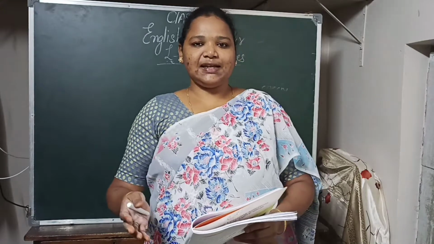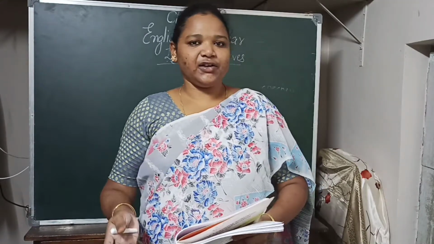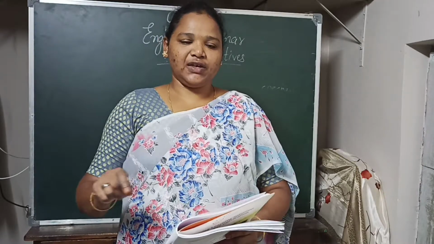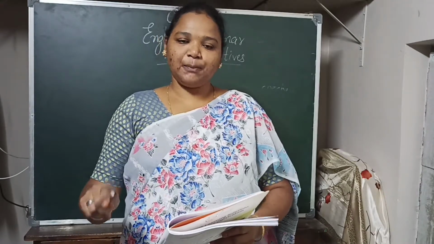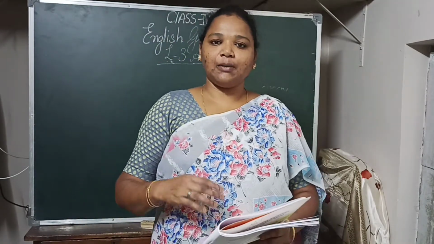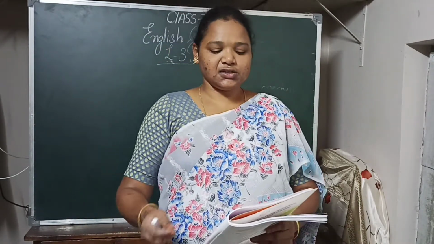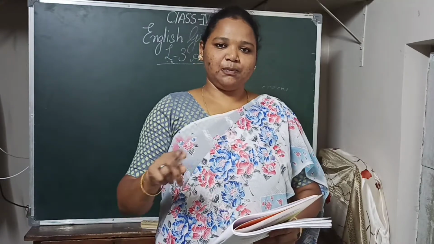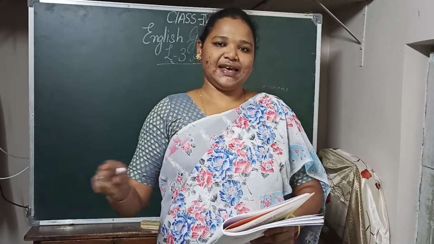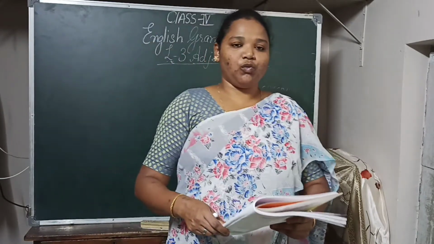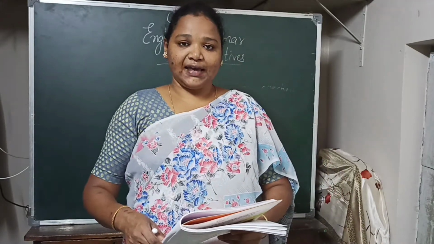So we add ER to the word big, so it becomes bigger. And in superlative degree, when we are comparing more than two things, we add EST to the given adjective, like big plus EST, so biggest. Right children?